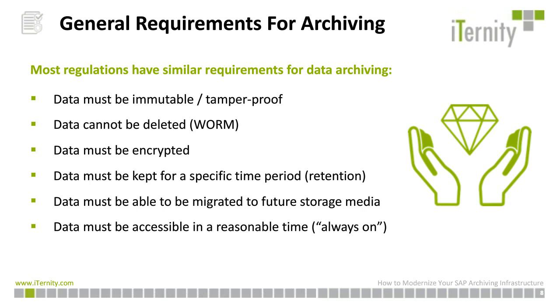So you basically need write once, read many. The data also must be encrypted, because it is data at rest, so that it is not easily breachable and people cannot get to the information within those files.